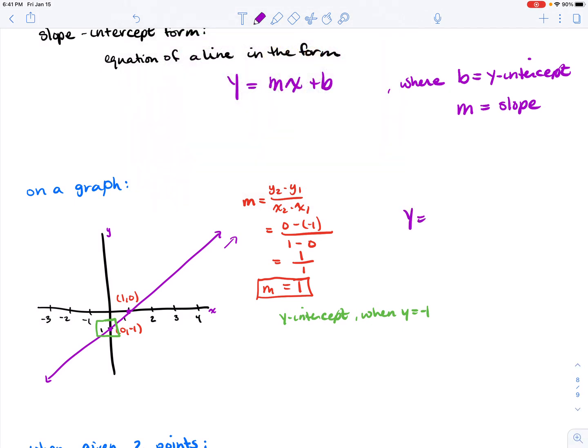So y equals mx plus b. What do I have? y equals 1x, and of course plus -1. So y equals x minus 1.